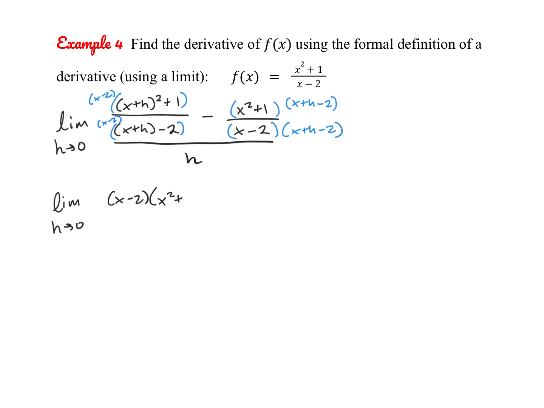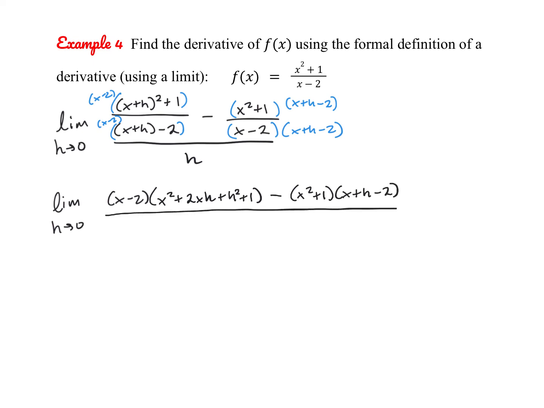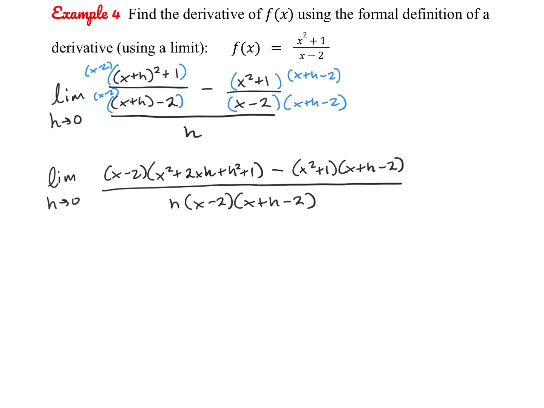So x squared plus 2xh plus h squared plus 1, minus (x squared plus 1) times (x plus h minus 2), all over h times (x minus 2) times (x plus h minus 2). So everything in my denominator all got multiplied and lumped into a single denominator.